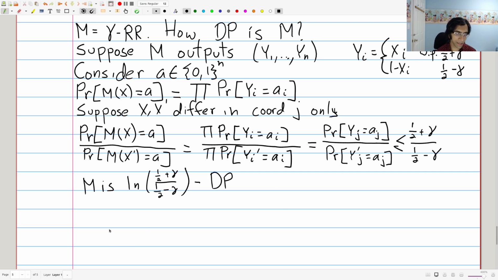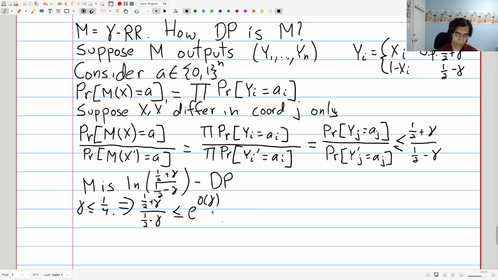In fact, let me say that gamma is less than or equal to 1/4. If that's the case, then this implies that this quantity here, 1/2 plus gamma over 1/2 minus gamma, is less than or equal to e to the O of gamma.